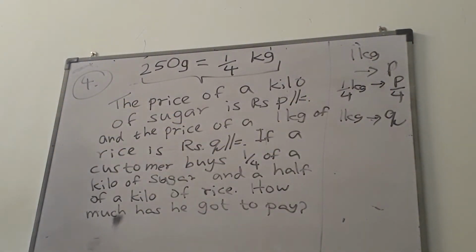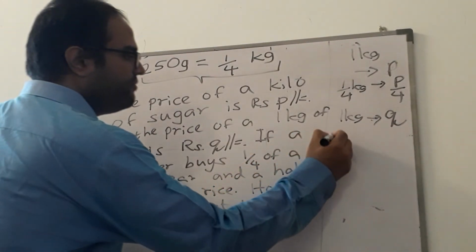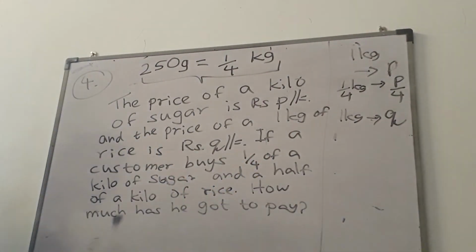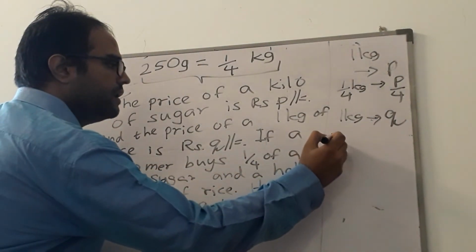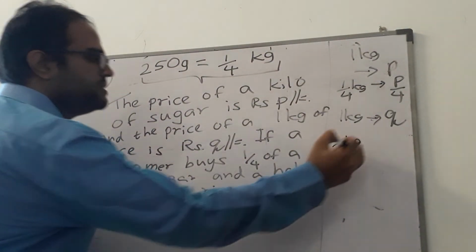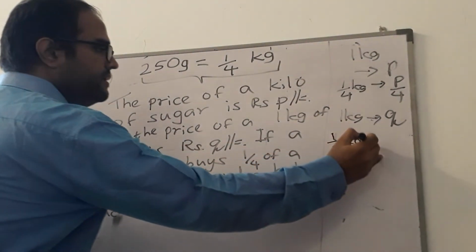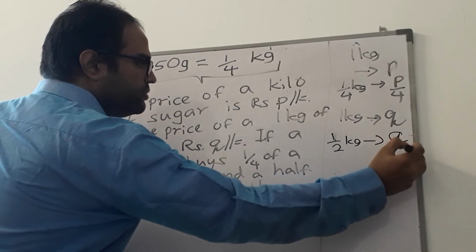And half of a kilo of rice means you have to divide Q by 2 as well.